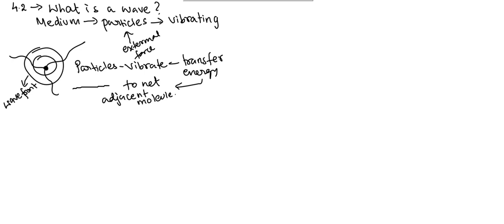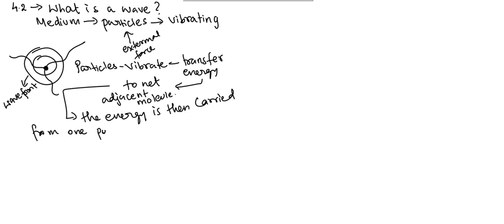Now the energy is then carried from one point to another. These types of motions where the energy is carried from one point to another are known as a wave.